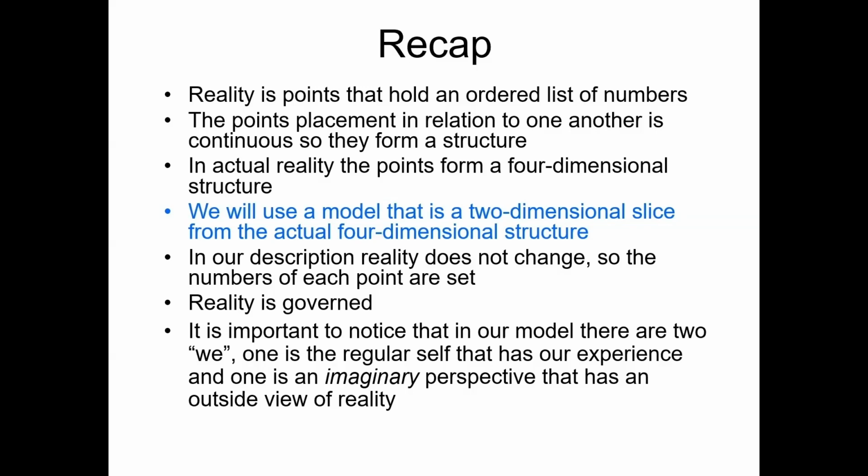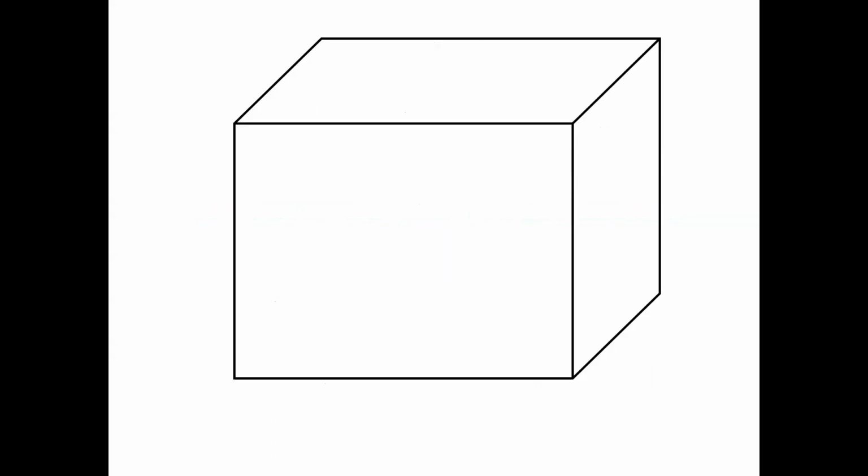However, because we cannot see four dimensions, we will use a three-dimensional model and lose from it two dimensions, and from that understand the process. So here we have a cube, which is a three-dimensional structure. The points in it are placed in three different ways, one in relation to the other. And we will use this as an example and build a model of it.